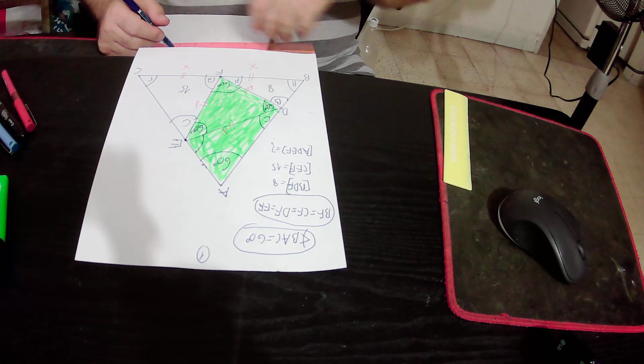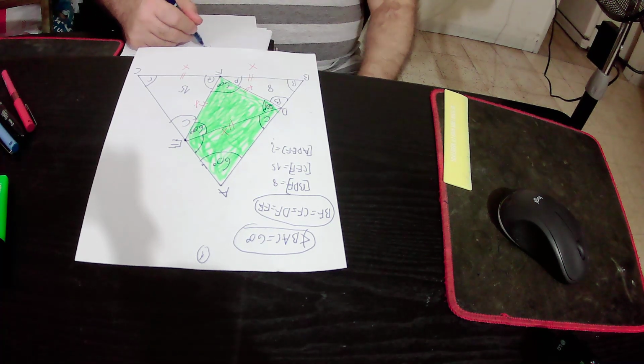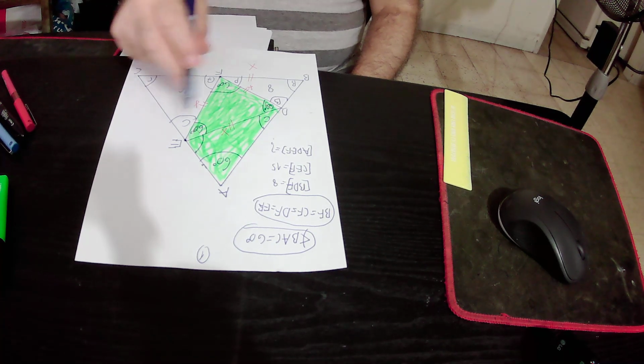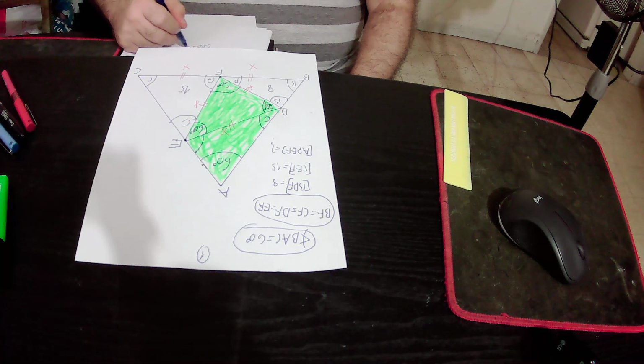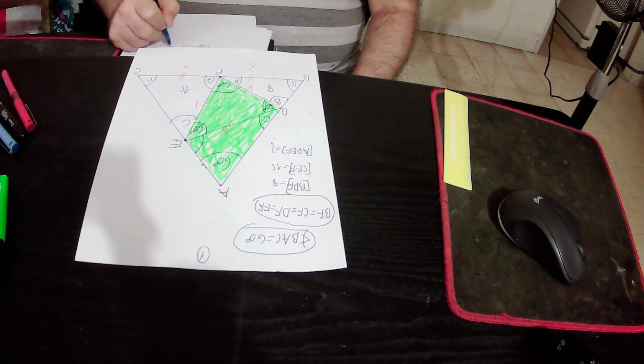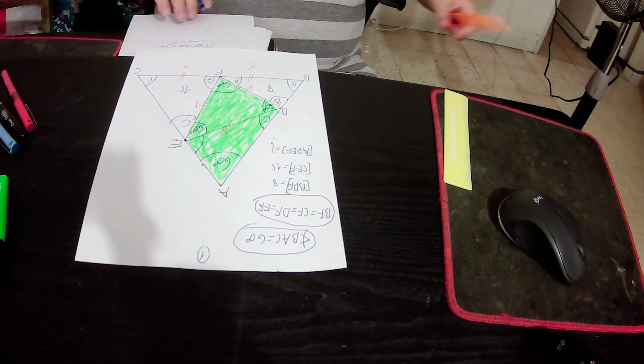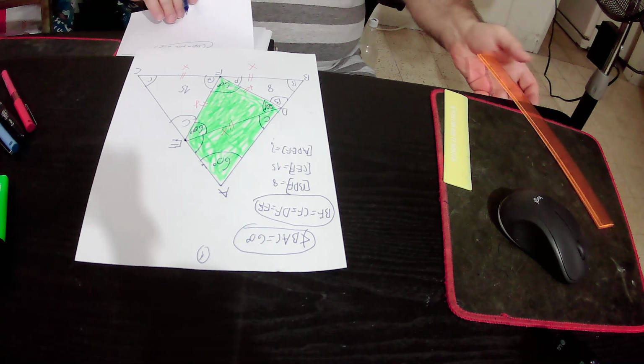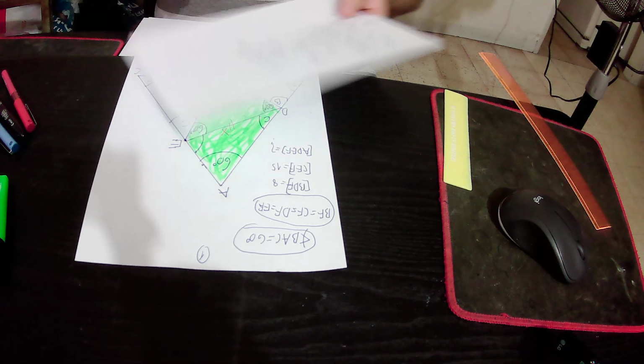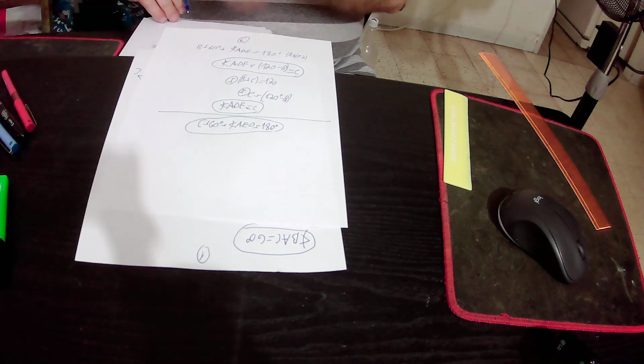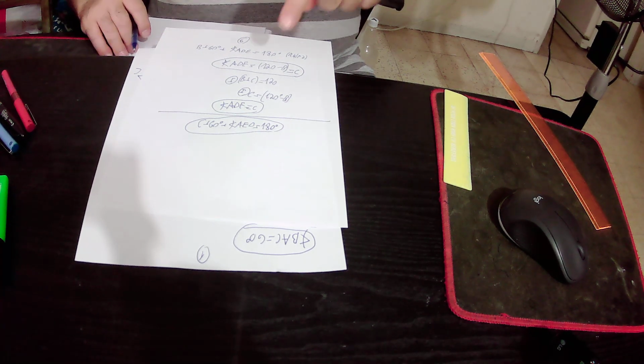angle C plus 60 degrees plus angle AED must be equal to 180 degrees. Okay, at the straight line AC, the sum of the angles equals 180 degrees according to rule number 2.